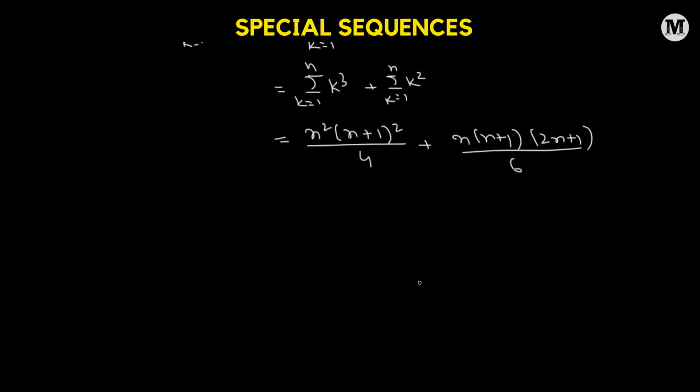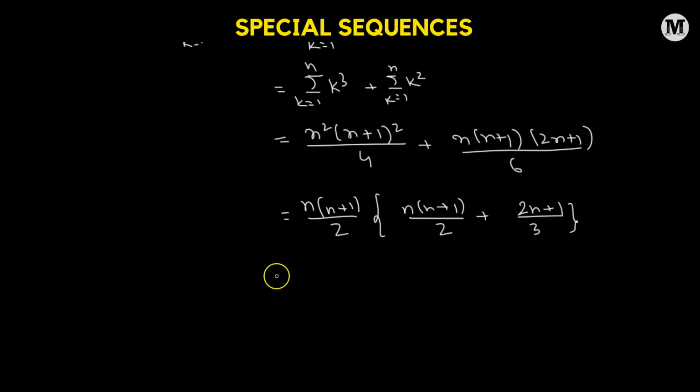Now from each of the two terms, we can take n times (n plus 1) over 2 as the common factor. So we have multiplied to it, n times (n plus 1) over 2, added to (2n plus 1) divided by 3. Right, so this is going to give us n times (n plus 1) divided by 2, multiplied by (n squared plus n) over 2 added to (2n plus 1) over 3.